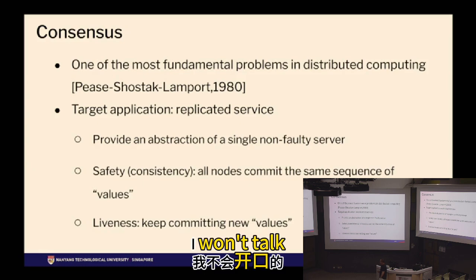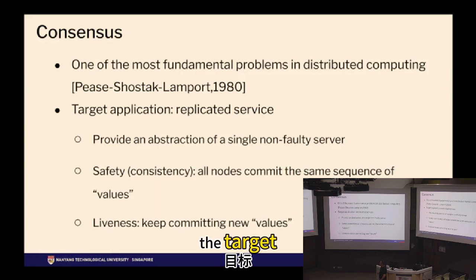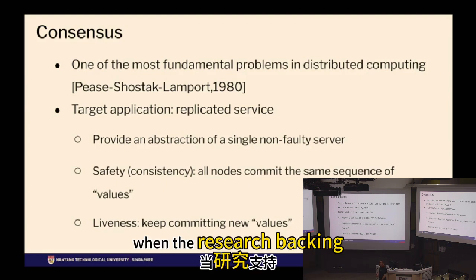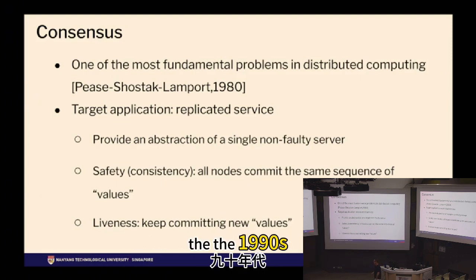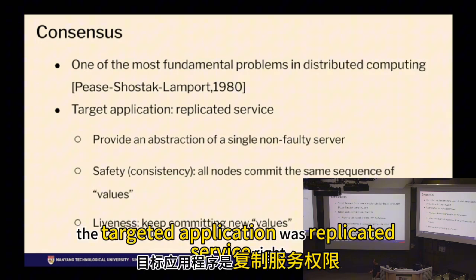I won't talk too much about the background of consensus, but the target application for consensus now we all know, though back in the 1990s when they researched it, we really didn't know. But the targeted application was replicated service, right?